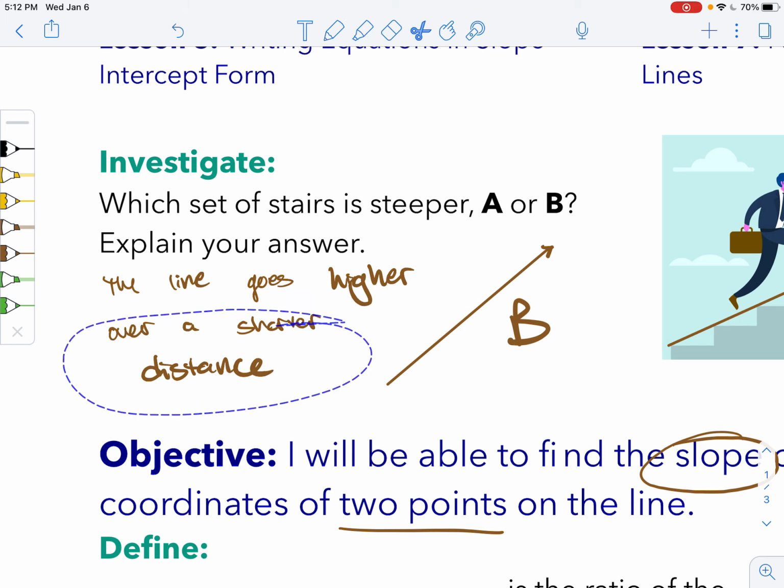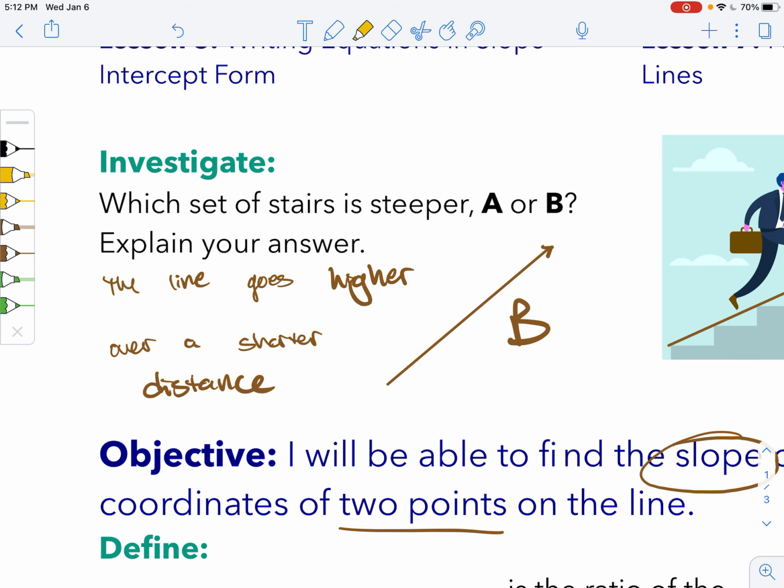Now, if we're not talking like we're in first grade, instead of goes higher, we can say it rises over a shorter run. Okay, so we have rise over run.